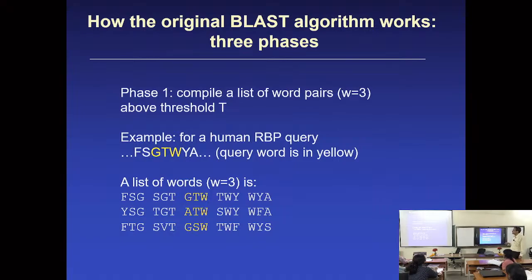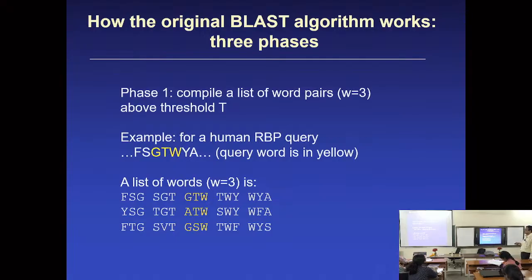So let's consider a query protein, human retinol binding protein, and here is a part of that protein, FSGTWYA. Okay, this is the query protein.